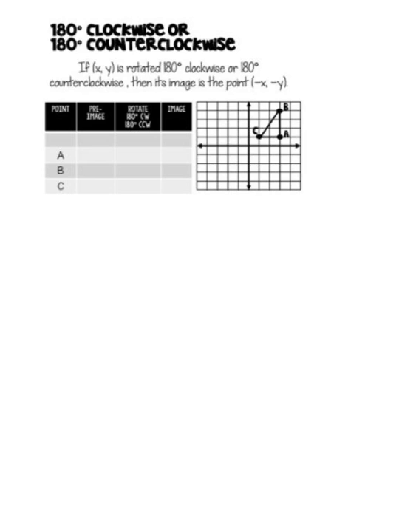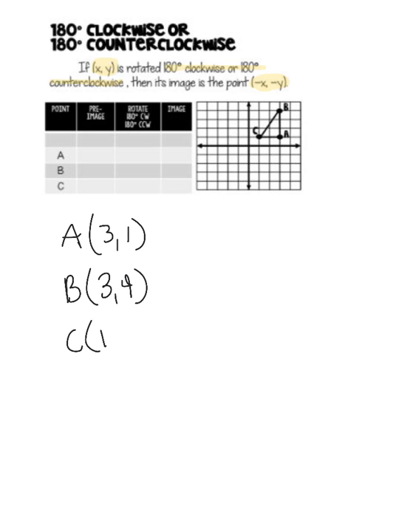What if we're rotating 180 degrees? Like what we said before, it doesn't really matter if we're rotating it clockwise or counterclockwise because we're going to end up in the same position. We're starting with this (x, y) point, and if we rotate it 180 degrees, it becomes (negative x, negative y). So again, point A is at (3, 1), point B is at (3, 4), and point C is at (1, 1).